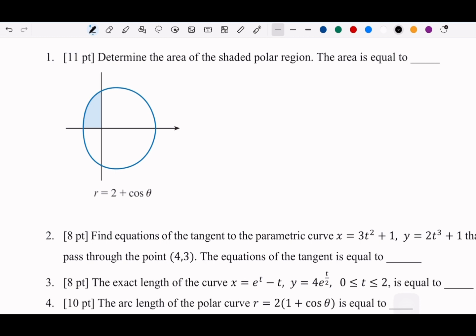I don't remember, but maybe. Oh, it's square. Square, yes, square. The area. Square.